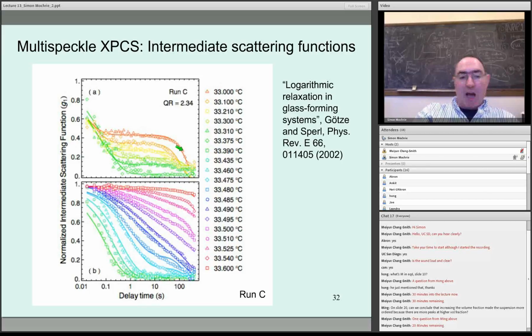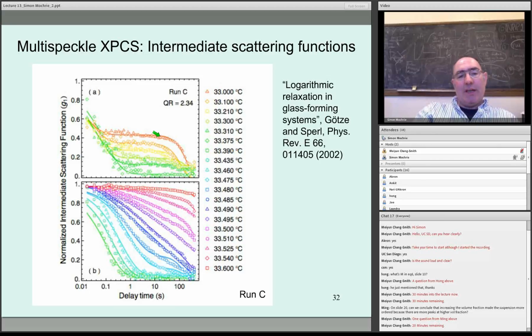Maybe eventually after 100 seconds, it moves, and I don't want to discuss what happens at long times. So only look at these plots for times up to about 20 seconds. But there's this long plateau out to 20 or 30 seconds where there's little decay, and that tells you that there's a glassy phase here.